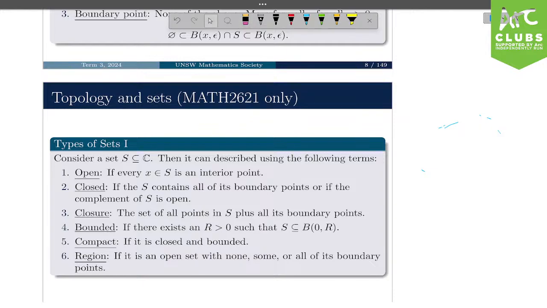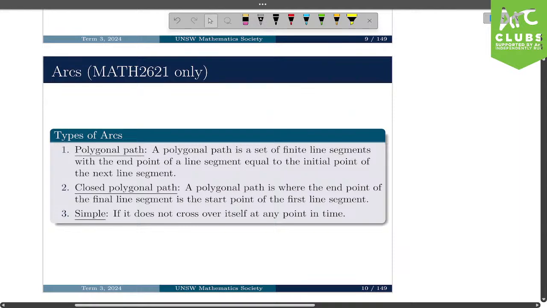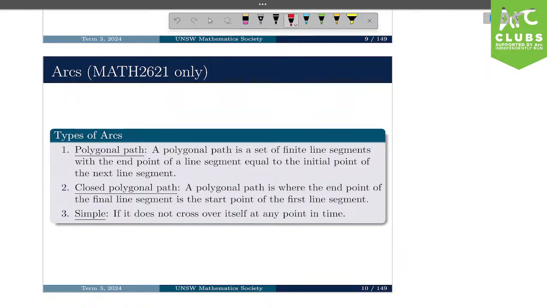And let's scroll. So now we introduce this idea of arcs. I'm pretty sure the lecturer said it's a lot easier to deal with arcs when they're polygonal, which is basically just lots of lines rather than curves, because lines are a lot easier to deal with than curves we don't necessarily know the properties of.